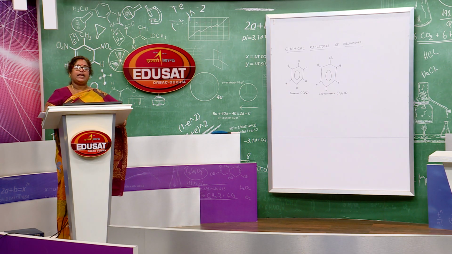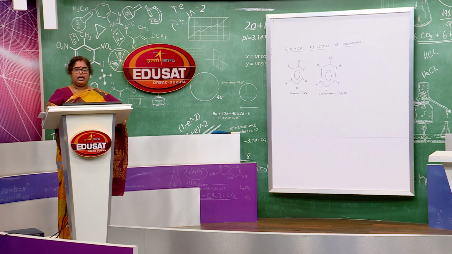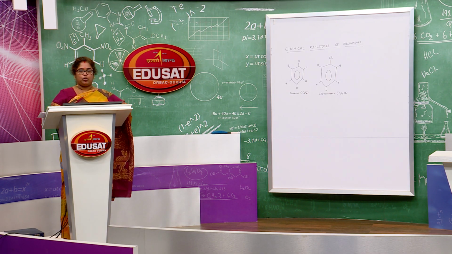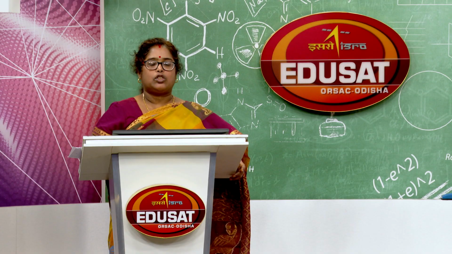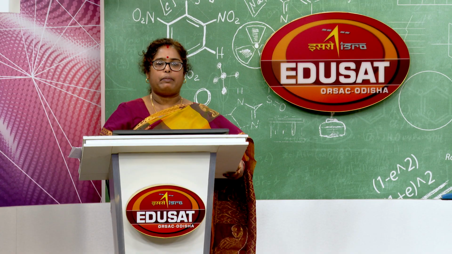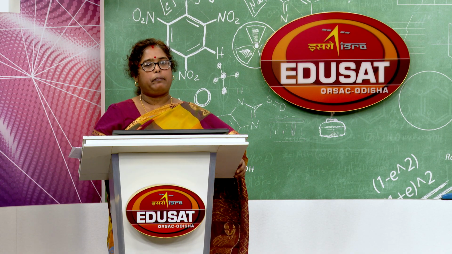Okay. Then students, next you see how we will get a haloarene from benzene. If by any means we replace the hydrogen atom of benzene by a halogen atom, then we will get a haloarene. And then you should also know the ortho, meta and para positions of the benzene ring. So, what are ortho, meta and para positions? Suppose our halogen group is present as shown in the picture.